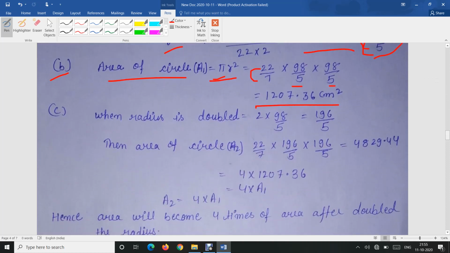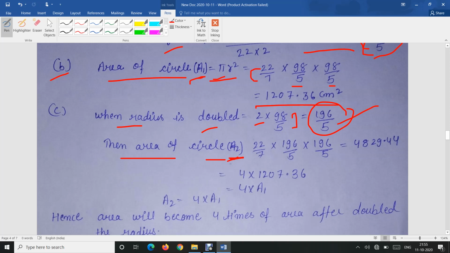Here radius is 98 upon 5. When radius is doubled, that means you need to multiply this 98 upon 5 by 2 and you get 196 upon 5. Now this is the new radius, and then the new area of the circle, which is A2. That's why we are denoting it by A2, and the first area we denoted by A1.